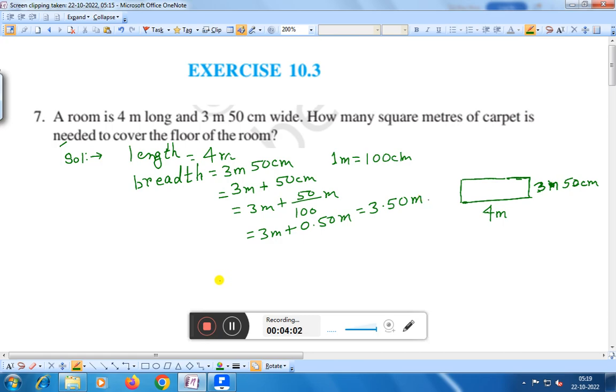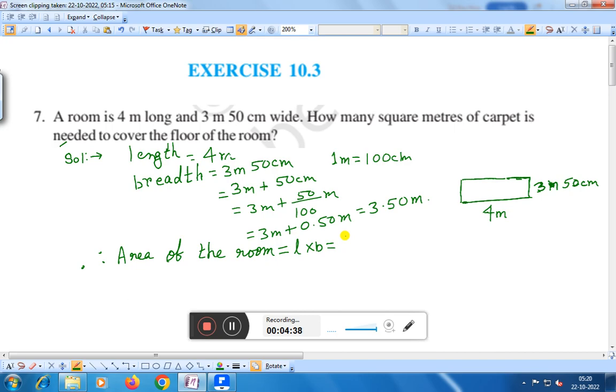Now area is equal to length into breadth. Area of rectangular room is length into breadth. Therefore area of the room is equal to length into breadth.